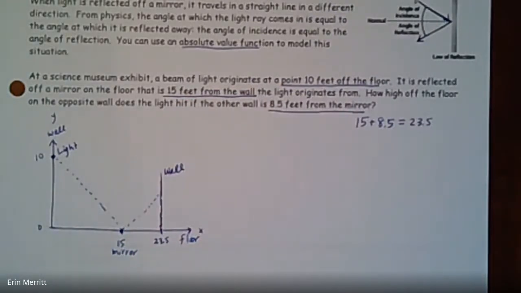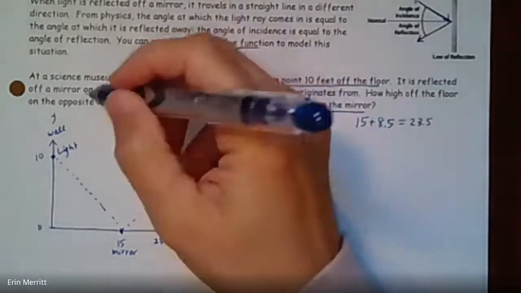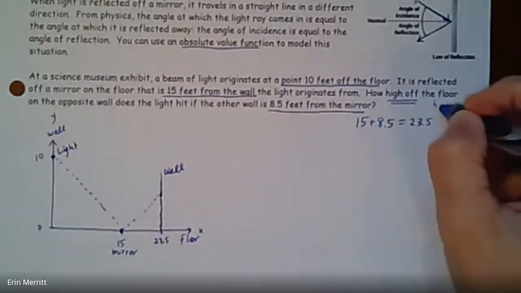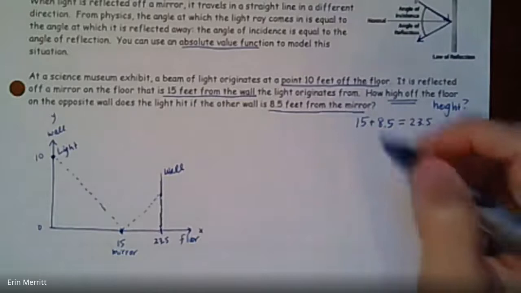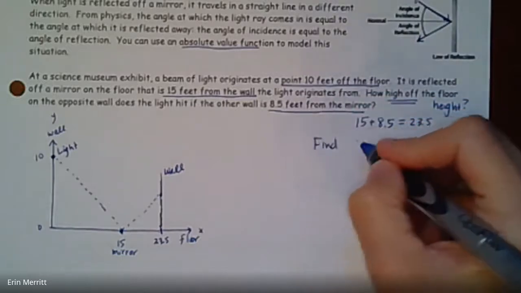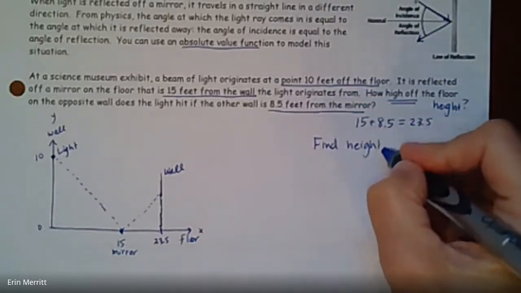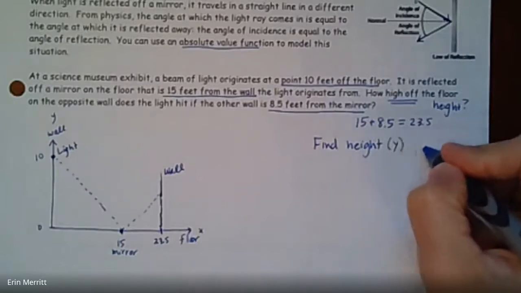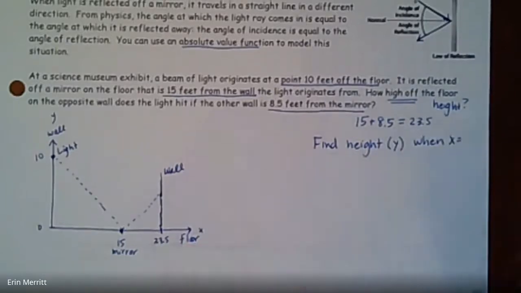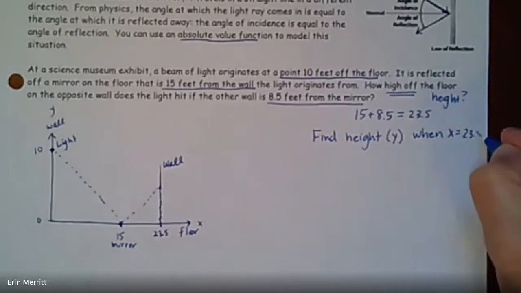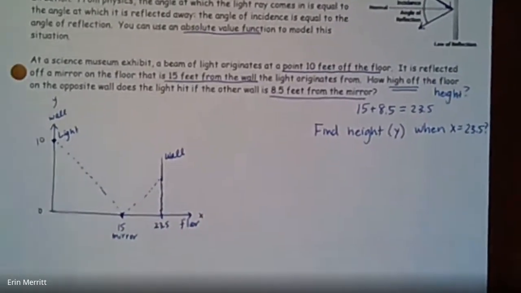When it's asking how high off the floor does it hit, that means it's asking for the height. So we want to find the height, or the y value, when the x value is 23.5. That is ultimately what this question's asking.